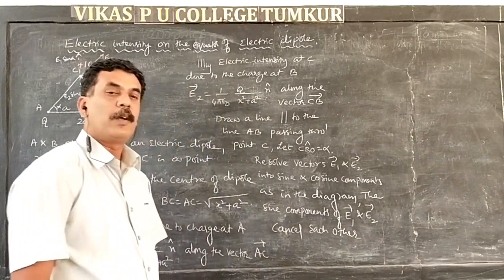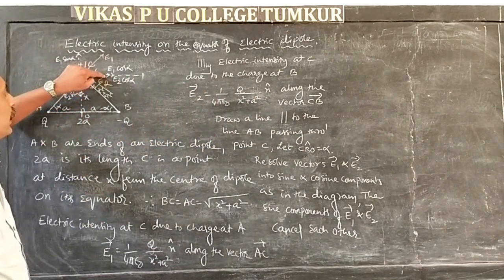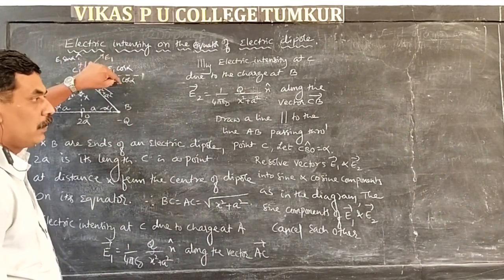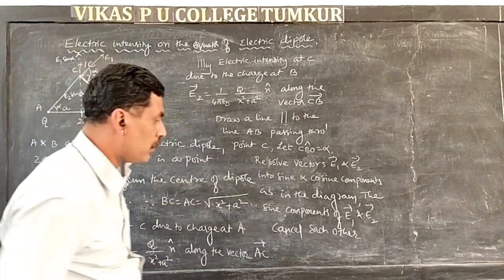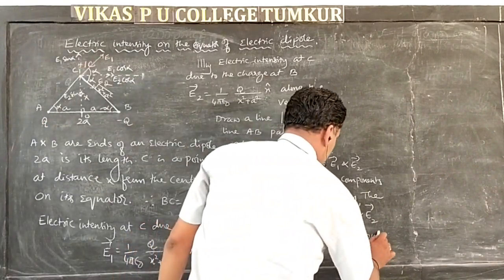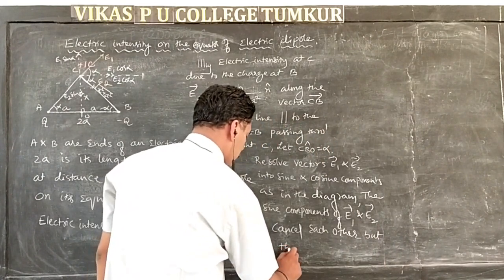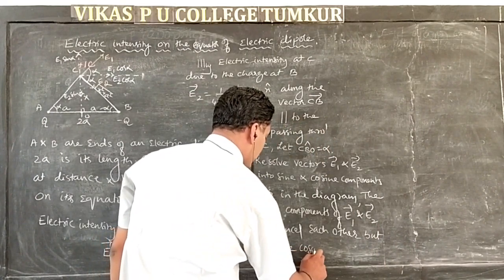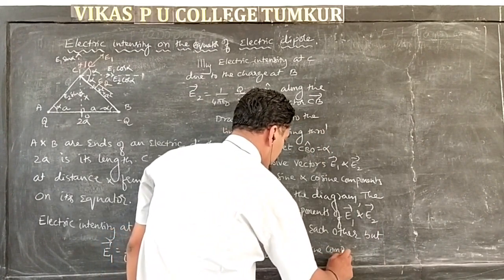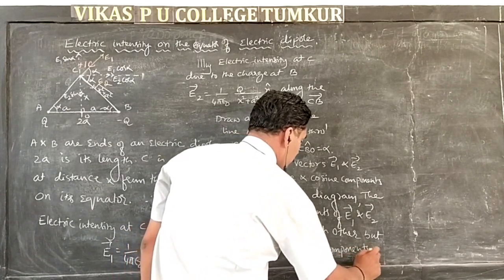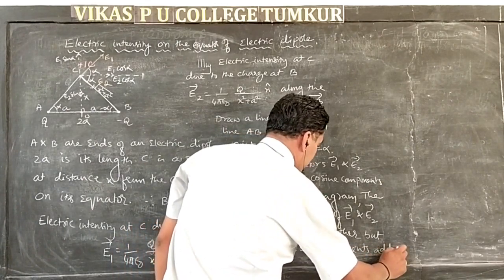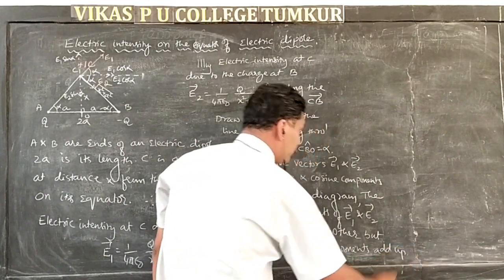The cosine components add up. E1 cos alpha and E2 cos alpha are in the same direction, therefore they add up.